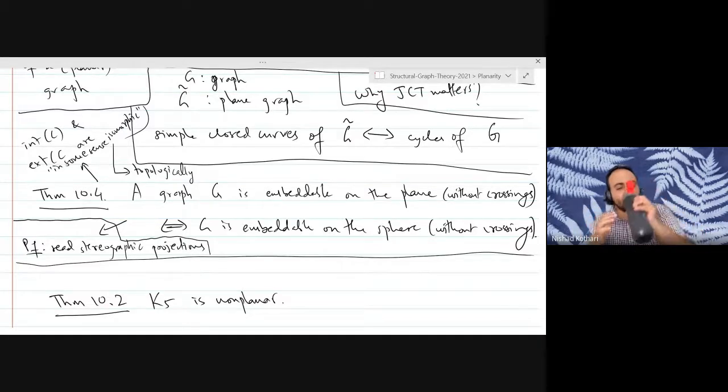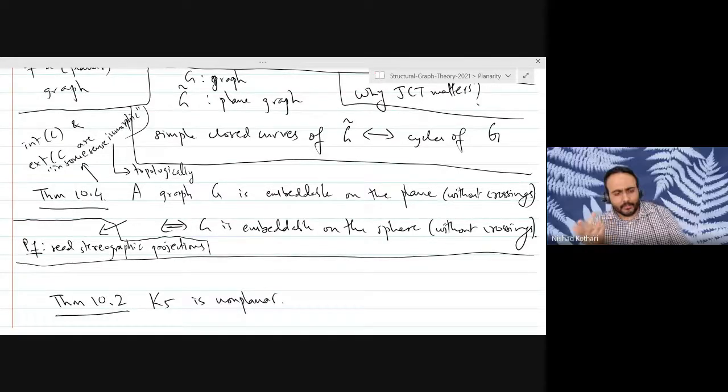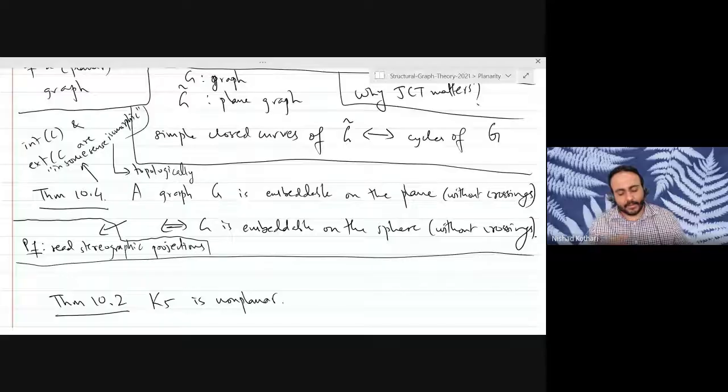Okay, okay. And also, sir, what is the proof of this theorem 10.4? Theorem 10.4. Well, you can probably just read about stereographic projections. The proof is in Bondy and Murty. But you should be able to find it various places on the internet. So if you do a stereographic projection, you will get an embedding. So you take a planar graph embedded on the plane, right? You take a plane graph in the plane. Now you do a stereographic projection on the sphere.